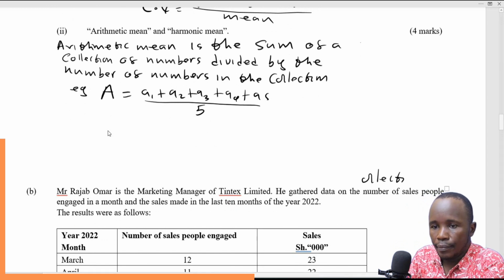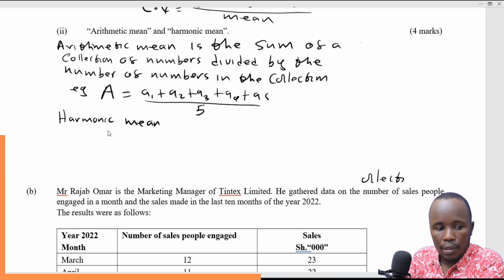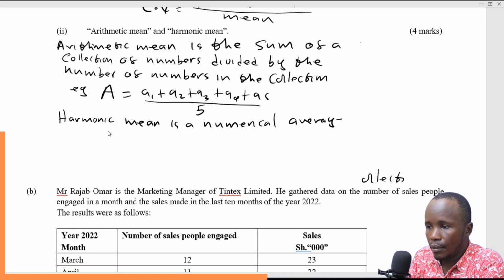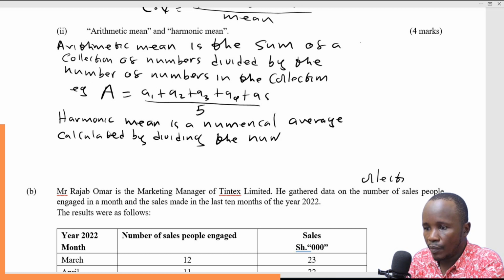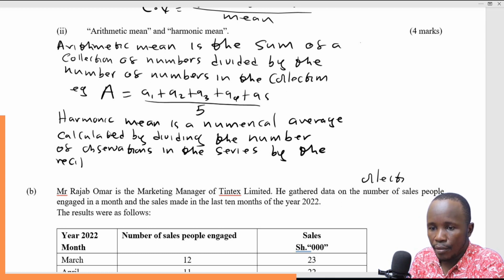Now, harmonic mean is a numerical average calculated by dividing the number of observations in the series by the reciprocal of each observation in the series.